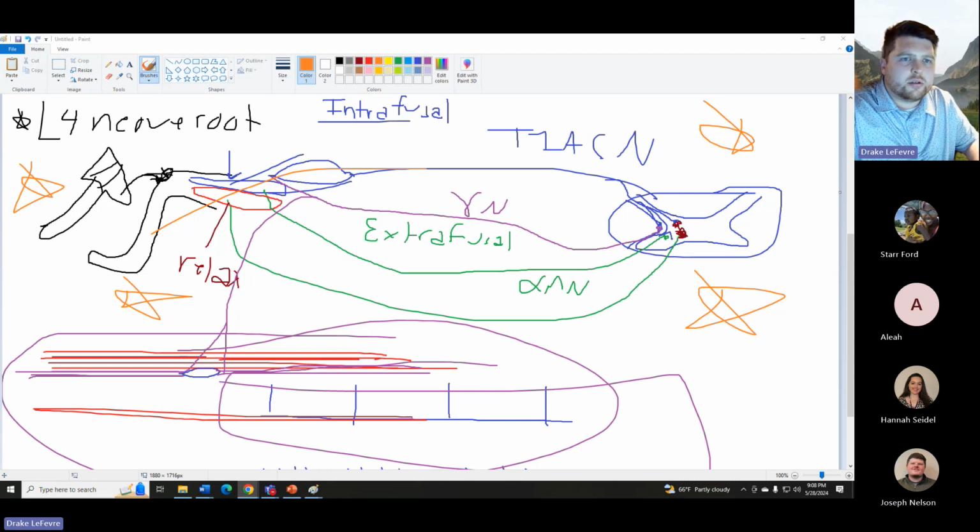Recurrent inhibition. Oh, that's the Renshaw cell stuff. Let me pull that up.